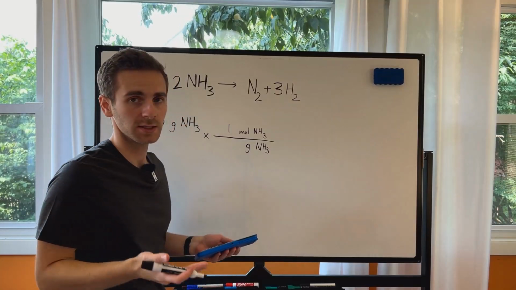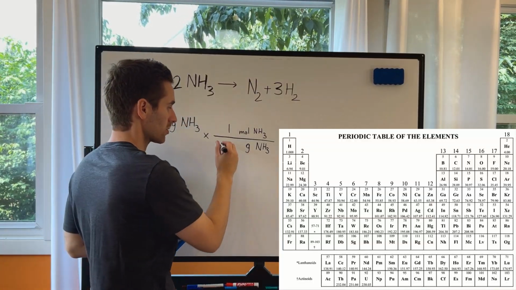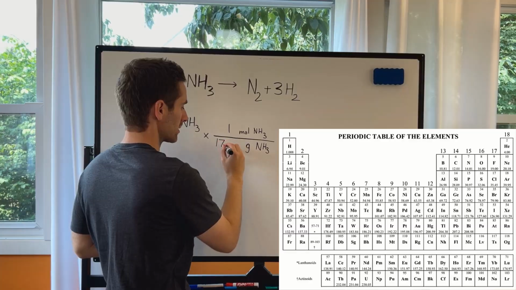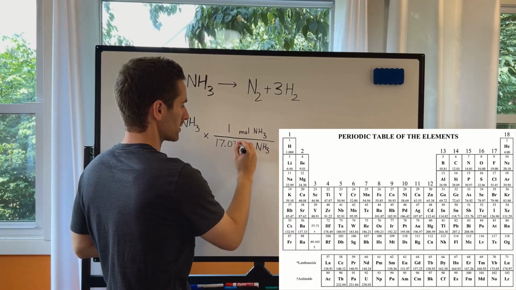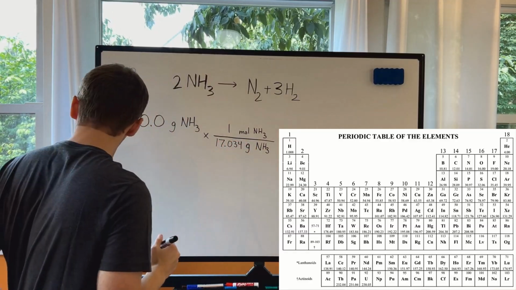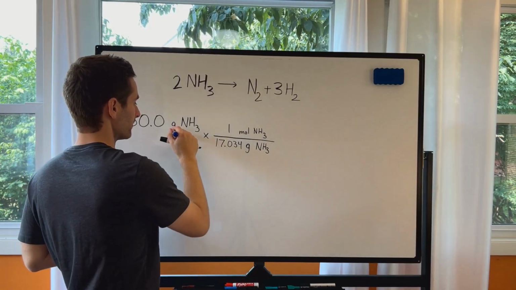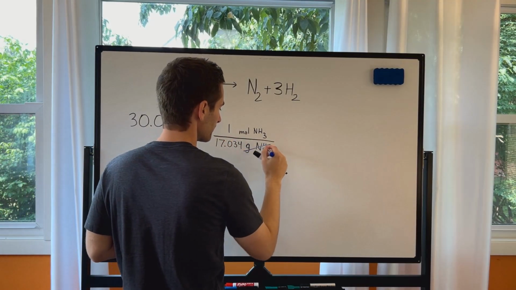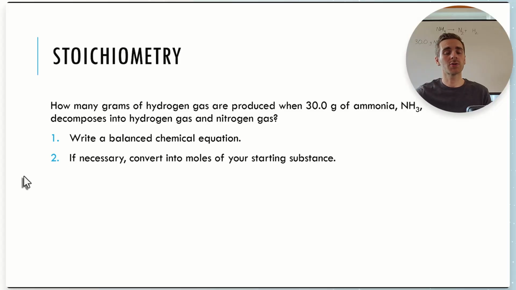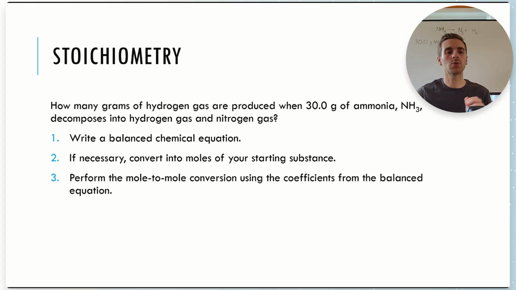If you look at the periodic table and calculate the molar mass of NH3, you get 17.034. Grams of NH3 cancel. And then once we're into moles, we can do the mole to mole step.